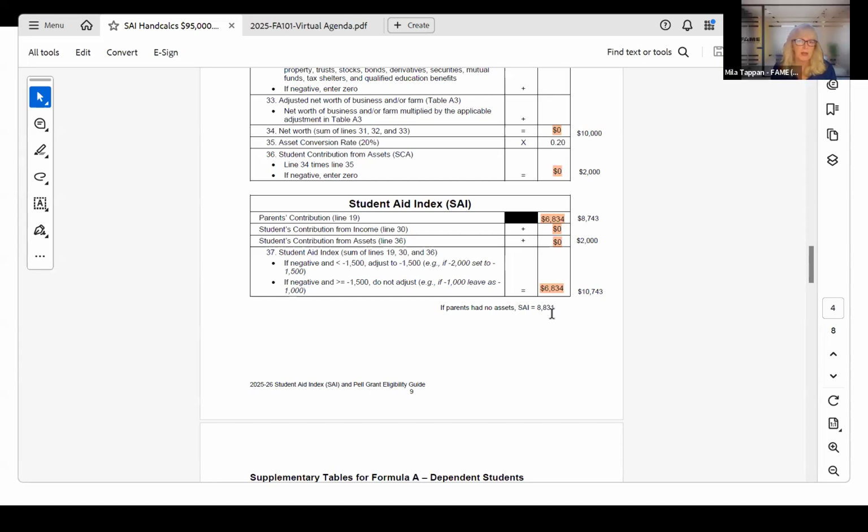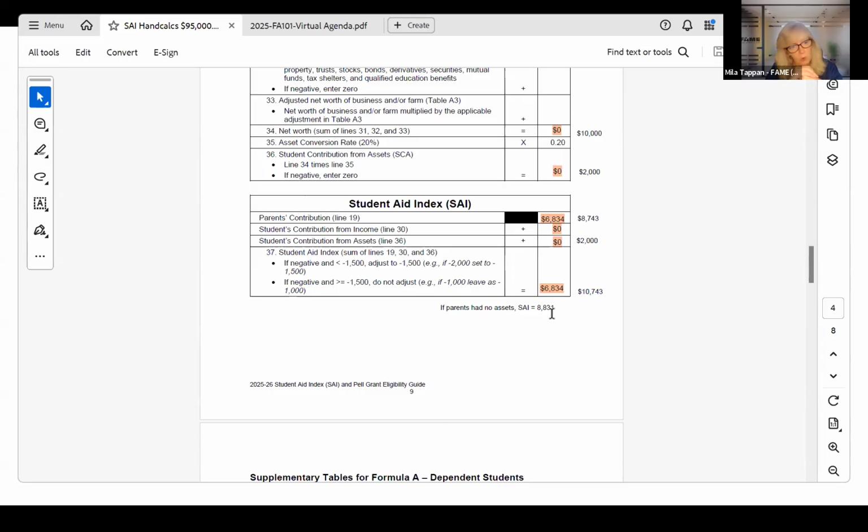Is the student income taxes prior year? Yes, it is. The easiest way to think about it is, I did an FAFSA night last night, and believe it or not, was talking about the 26-27 FAFSA. This was a presentation for high school juniors, so they're going to be filing the 26-27 FAFSA.